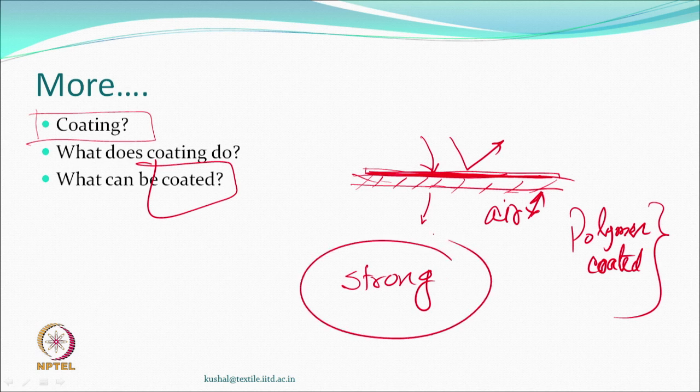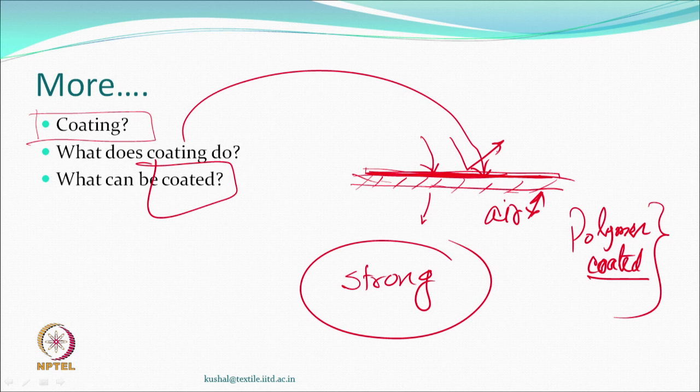So, the final product that we have, the tensile properties, the strength are going to be contributed by the textile, while the coating that you will do will help to increase the resistance to penetration by water, right.